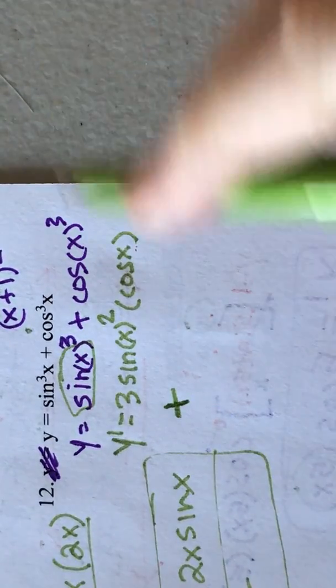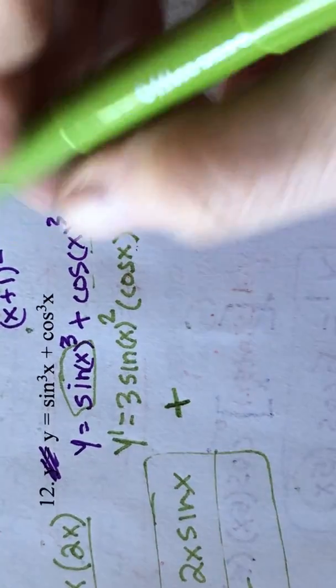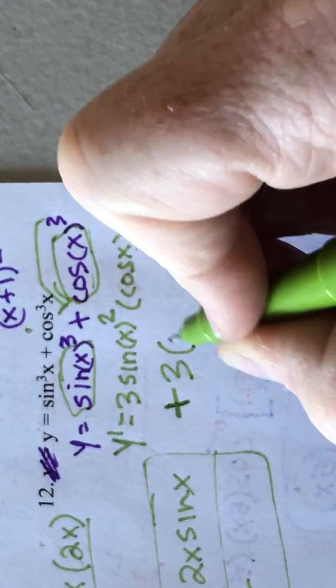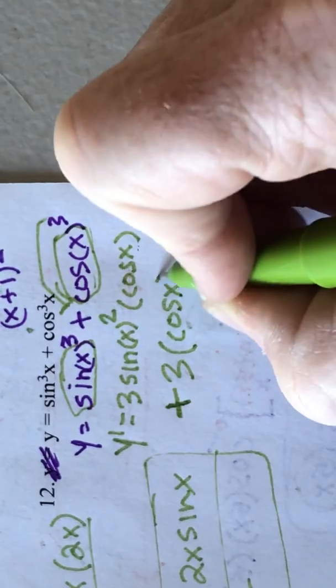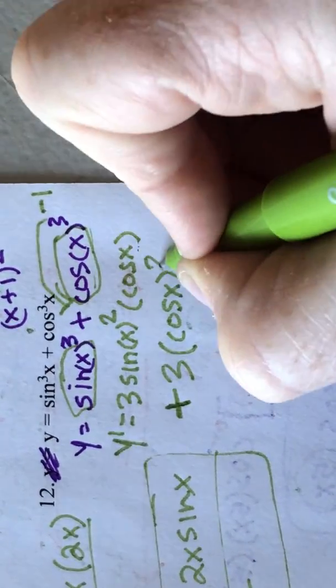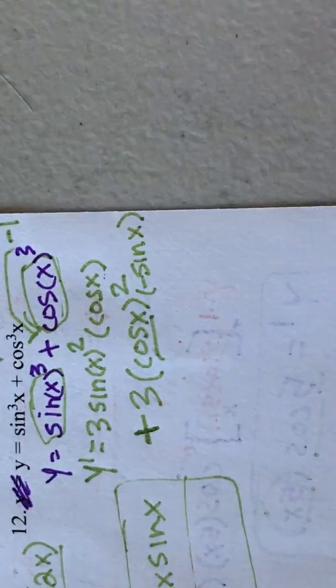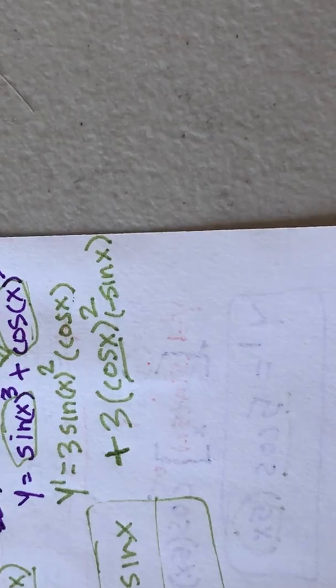Okay, plus, this is going to follow the same idea. So you take 3 times the inside to the 3 minus 1, 2, okay, times the derivative of the inside, which is negative sine x. Okay, so let's simplify here.